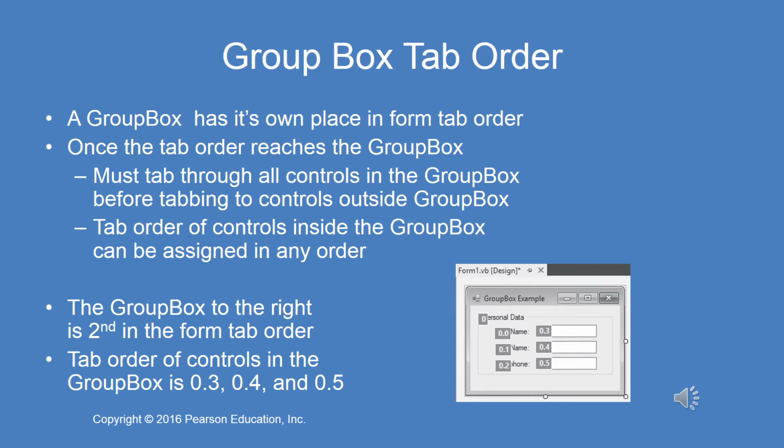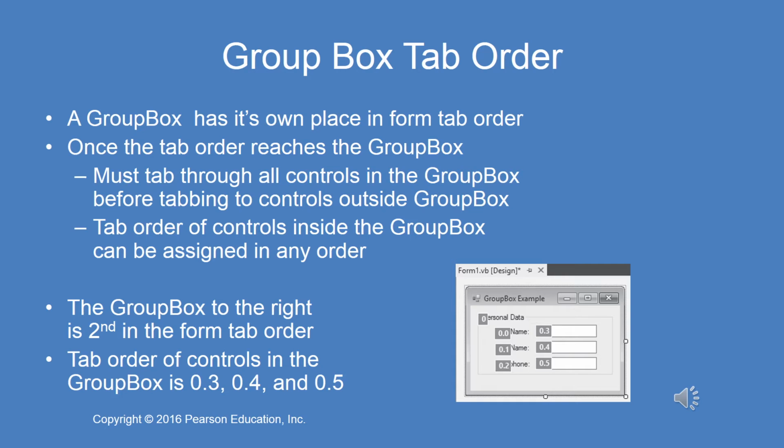I mentioned this earlier, but it deserves restating. A GroupBox has its own place in the Forms tab order. And once the tab order reaches the GroupBox, all of the controls in the GroupBox have a tab order within that GroupBox.